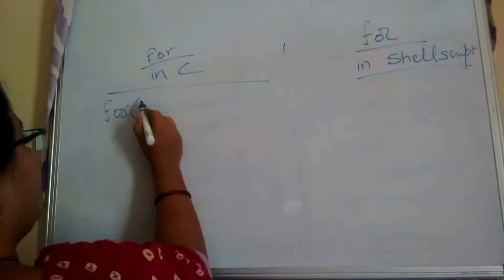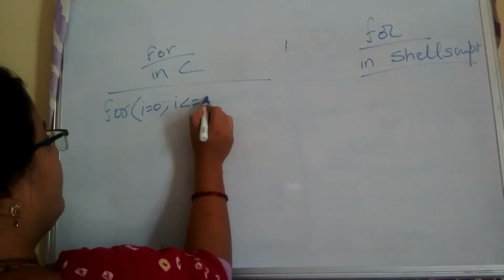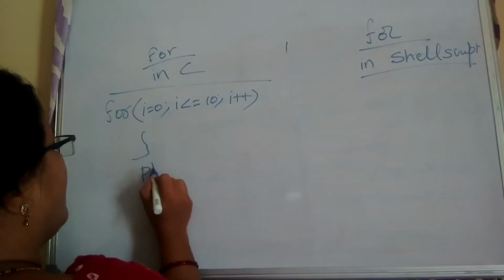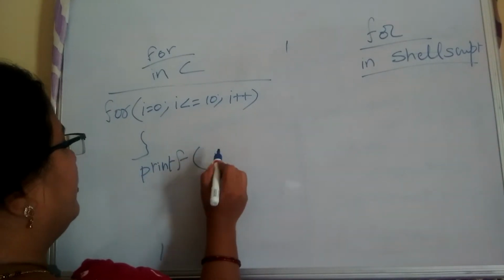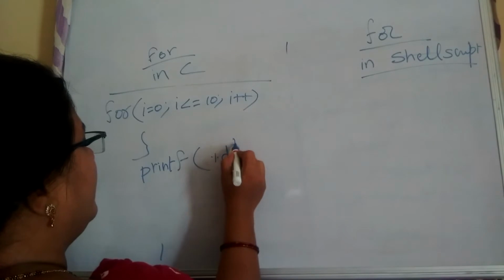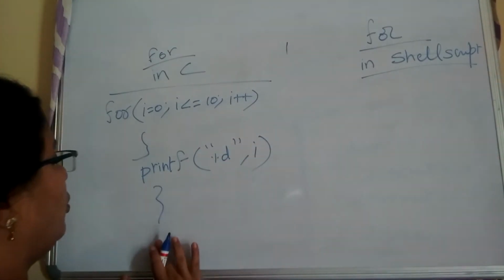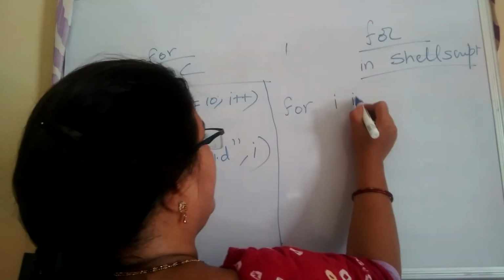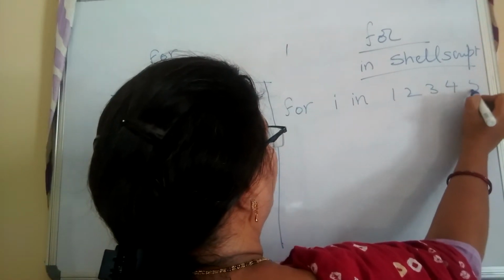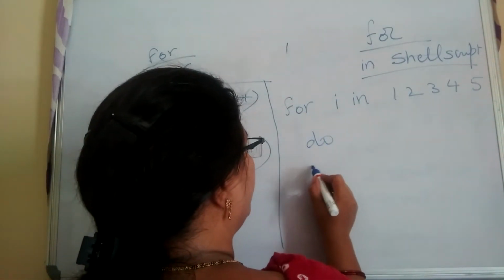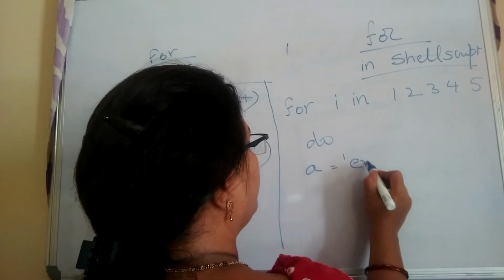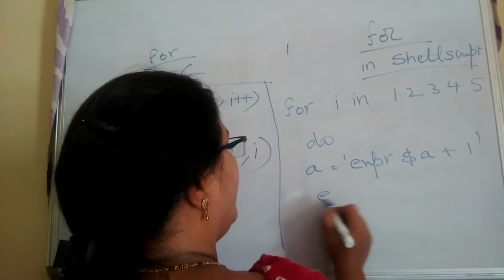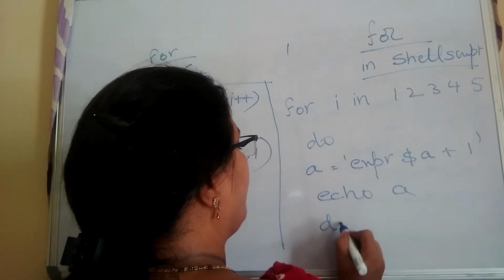See here, for (i = 0; i <= 10; i++) { printf("%d", i); }. In this way we can write in C. Here, for i in 1 2 3 4 5; do a=`expr $a + 1`; echo $a; done.